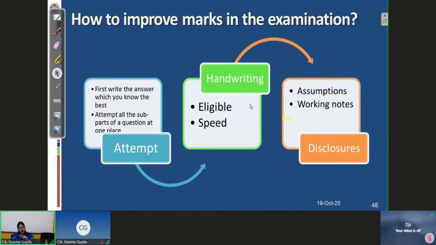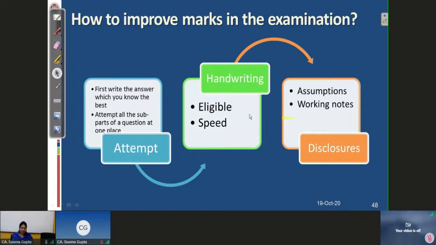So assume that if you are not doing complete disclosures in your answer, with complete working notes, proper assumptions, and any notes to accounts, then there will be a lack of disclosures in your answer sheet, which will definitely raise an objection by the auditor. Who is the auditor? The examiner is the auditor in your case. I think now you are clear with it.